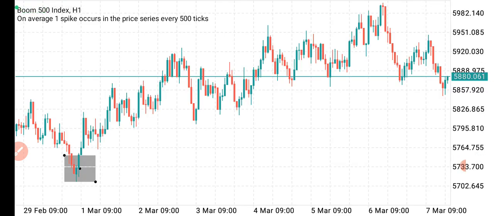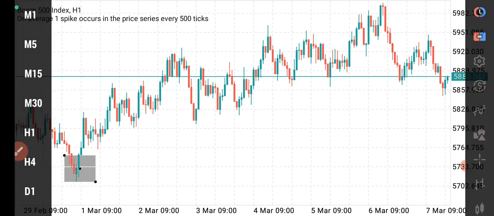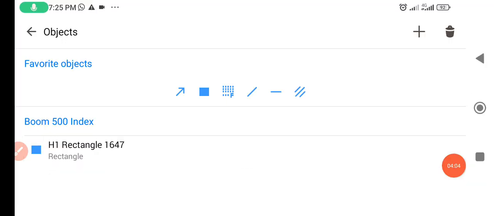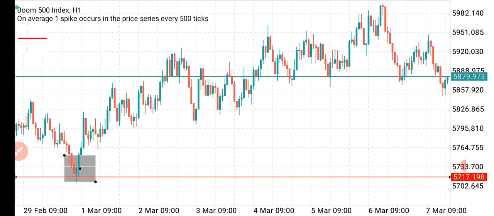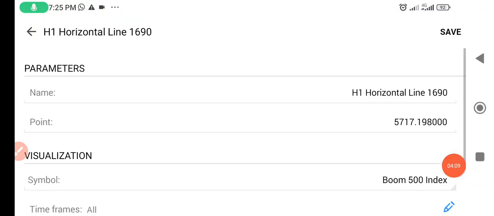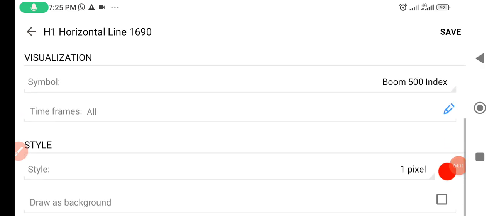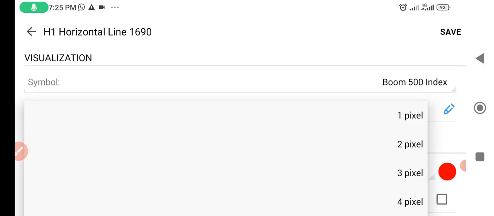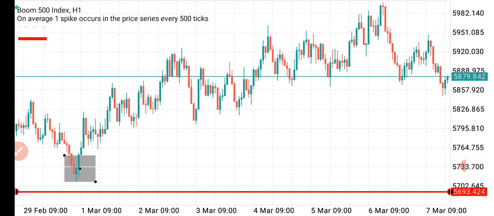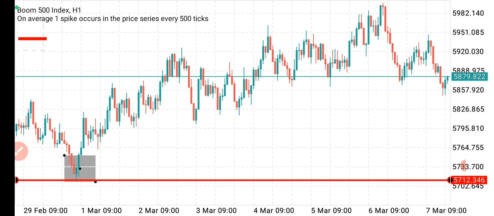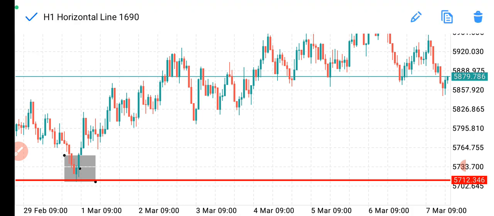Now, once you make this entry, depending on where you are making it from, let's assume it's our area of support. Let's assume this level is an area of support.